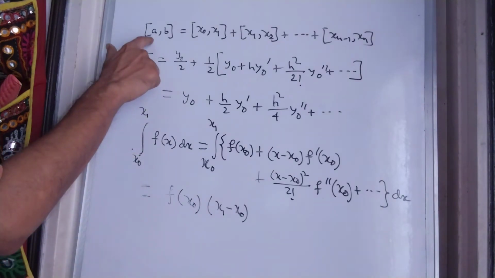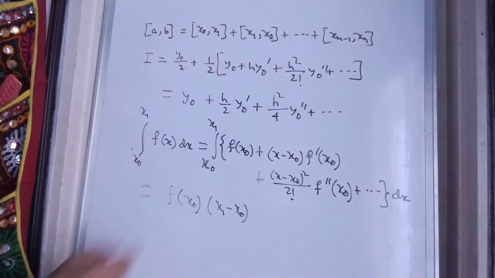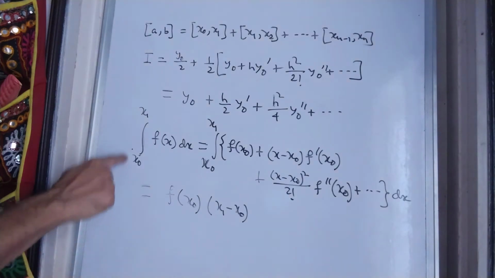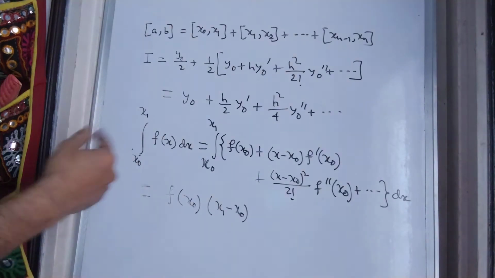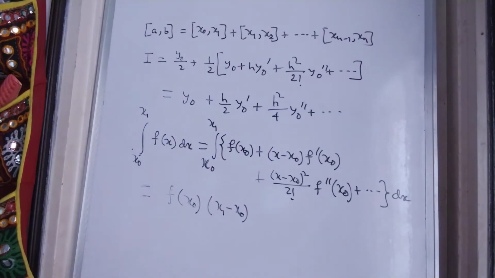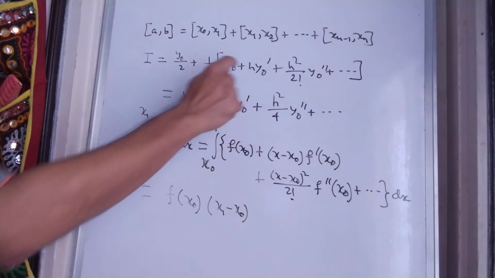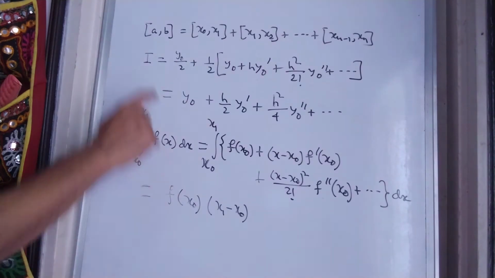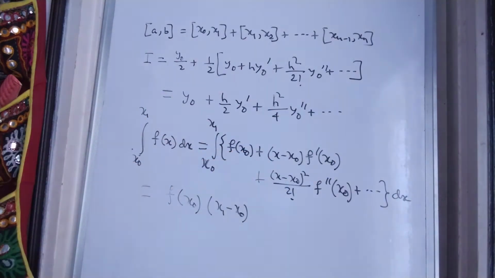That means we divide the interval by 2 nodal points, and the formula turns out to be (y1 plus y0) by 2 in case of the first interval, and we have replaced that y1 by the Taylor series expansion with respect to y0 with the step length h, and then the numerical formula turns out to be this.